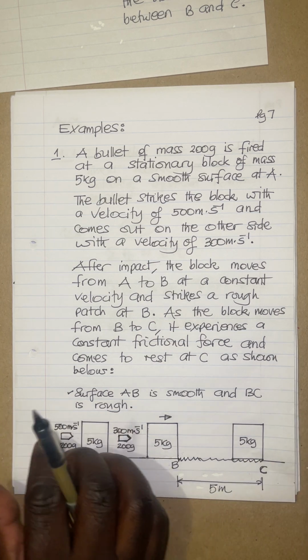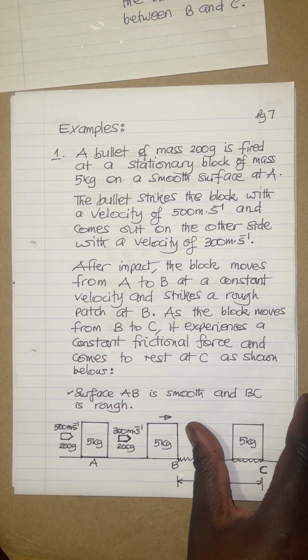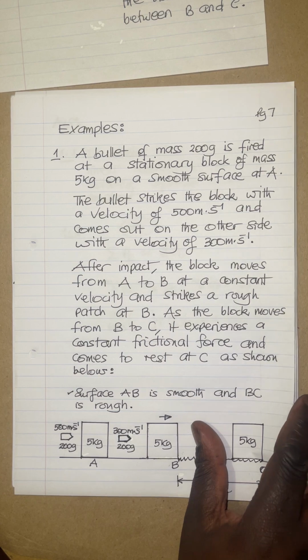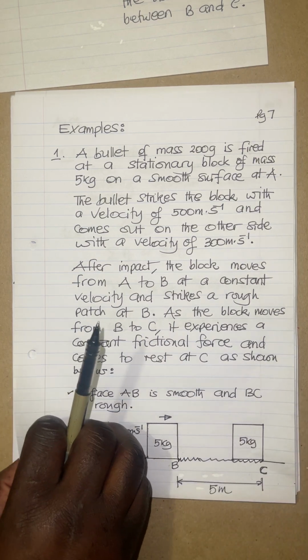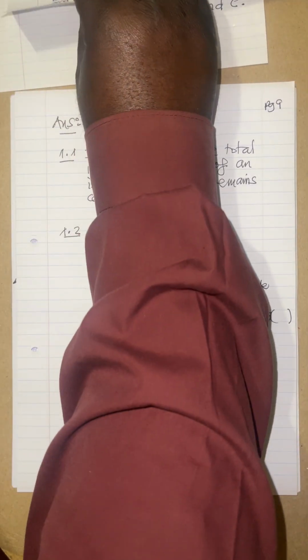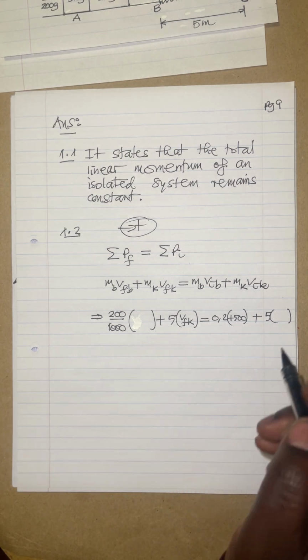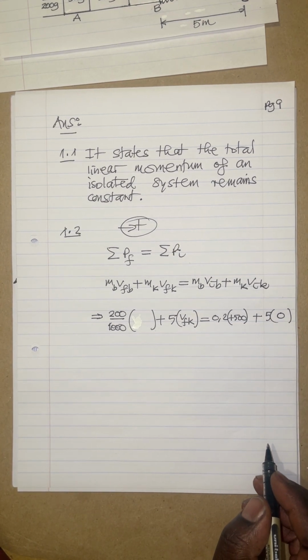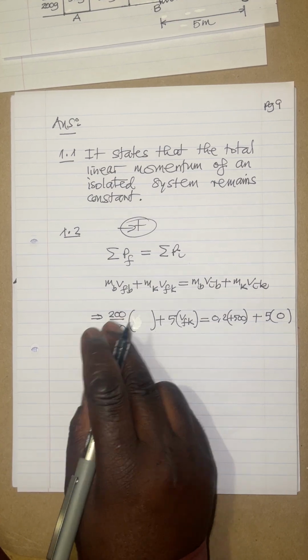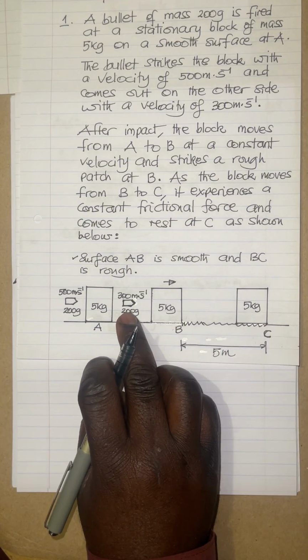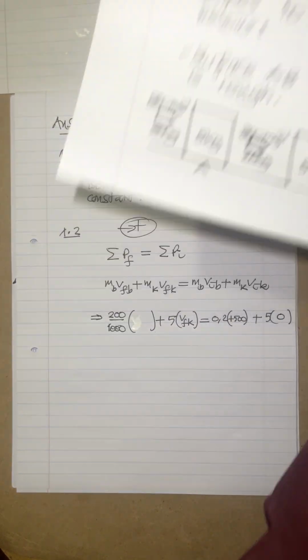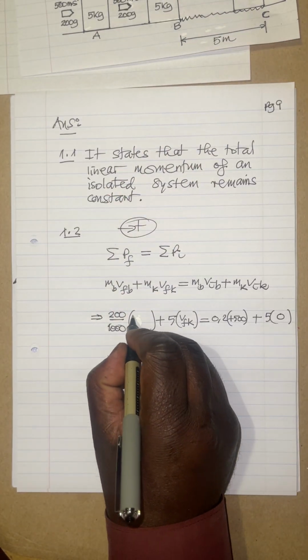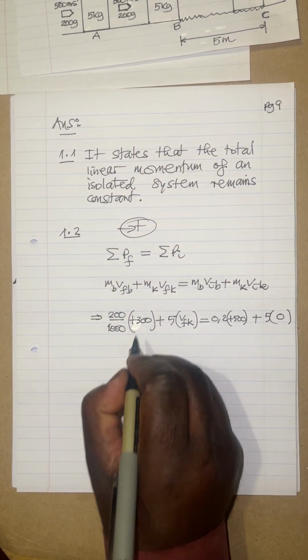Remember, in physics, most of the information is in the question. So read the question at least 3 times to make sure that you understand and you have all the information that you need to answer the question. So this is going to be 0 because the block is stationary initially. And the final velocity of the bullet, the velocity after impact, is 300, also to the right hand side. So it has to be positive 300.